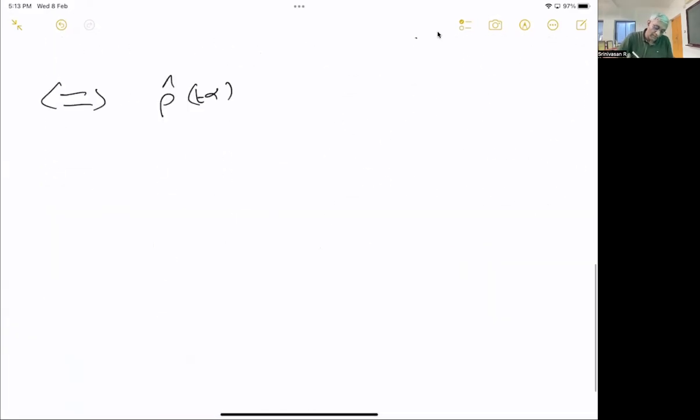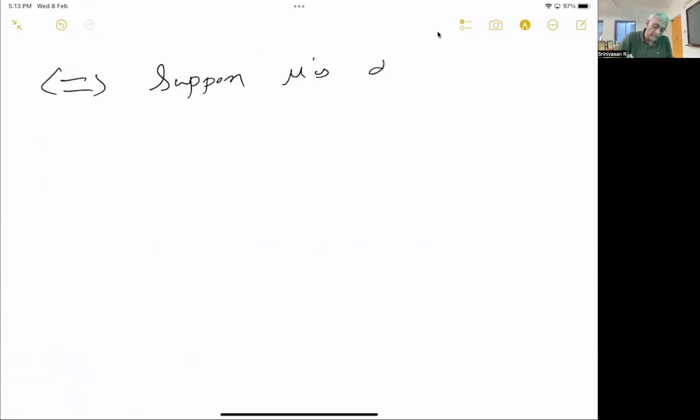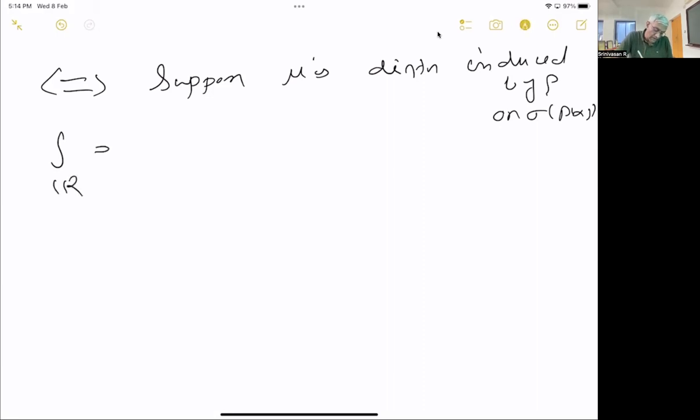Then rho hat of t alpha equals, suppose mu is the distribution induced by rho on the spectrum of P(alpha). Then it is the integral over R of e^{-i t s} d mu(s).